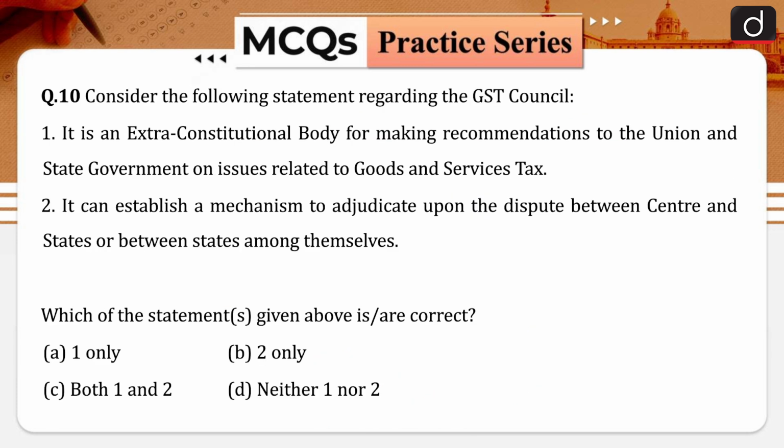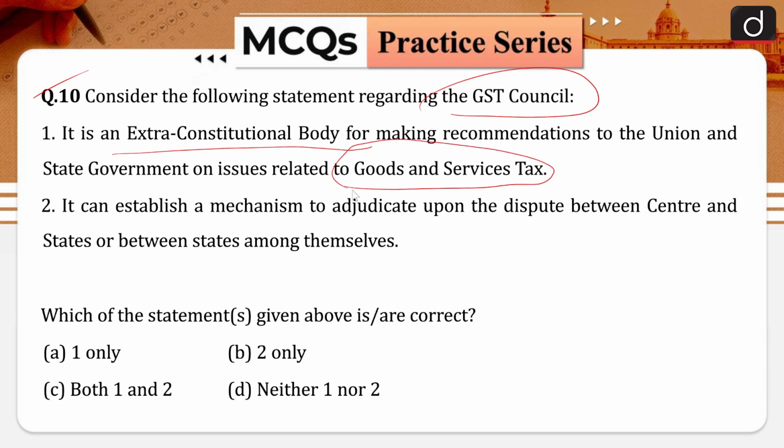Now let us discuss question number 10 of our today's session. So the question is, consider the following statements regarding the GST Council. Statement number 1 is, it is an extra constitutional body for making recommendations to the union and state governments on issues related to the goods and services tax.